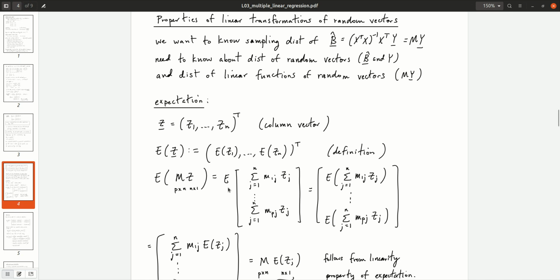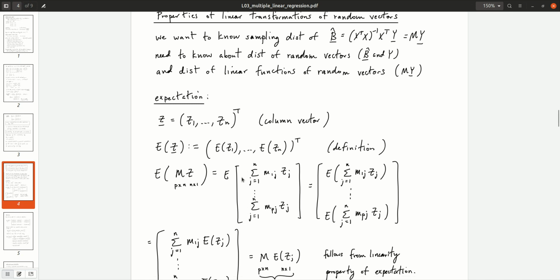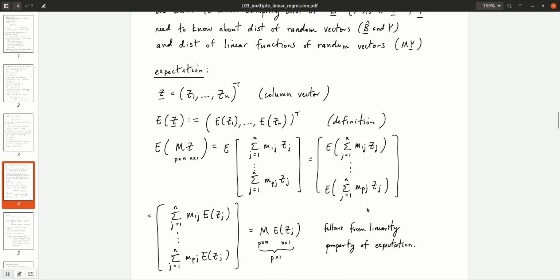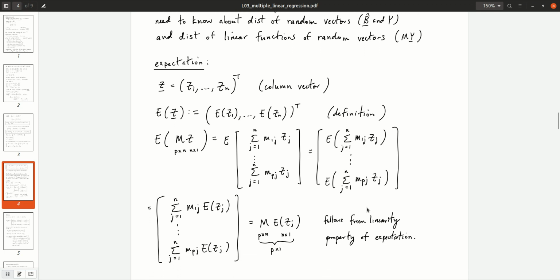So if we take the expected value of Mz, we just need to take the expected value of a bunch of random variables. Pulling it inside, the first element is the expected value of the sum j equals 1 to n of m1j zj, and so on. Remember, we're going to be using this over and over again: expected value is a linear operator, which means if we have coefficients mij multiplying random variables, we can write the expected value of that linear combination as the linear combination of the expected values.